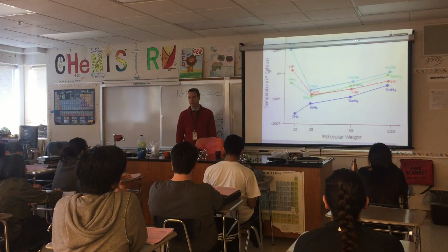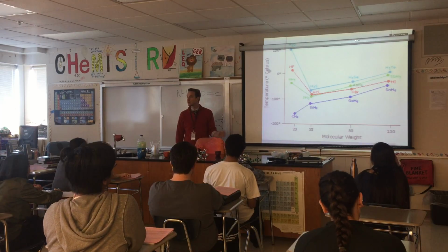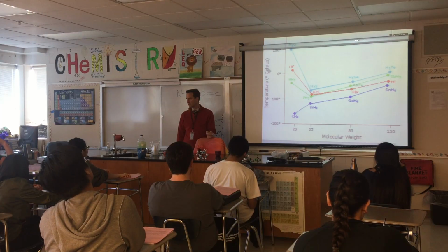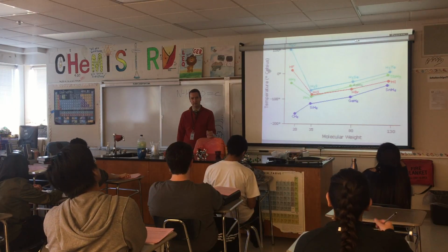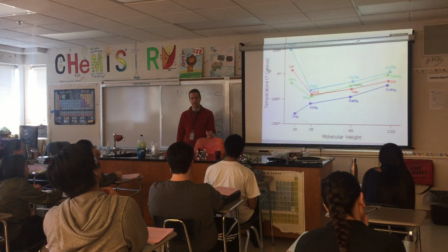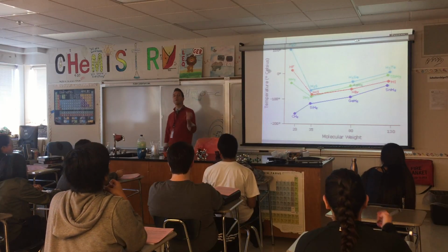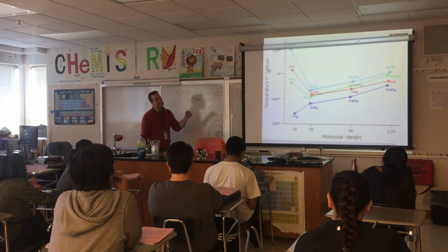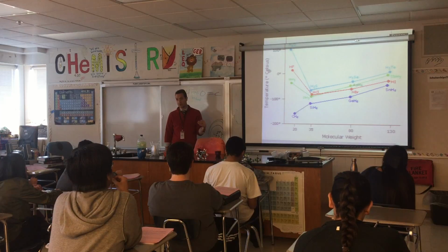So, more surface area. So, stronger London dispersion forces. Wait a minute. Those are all polar. Shouldn't they have dipole-dipole forces? They do, but those dipole-dipole interactions act in addition to the London dispersion force.